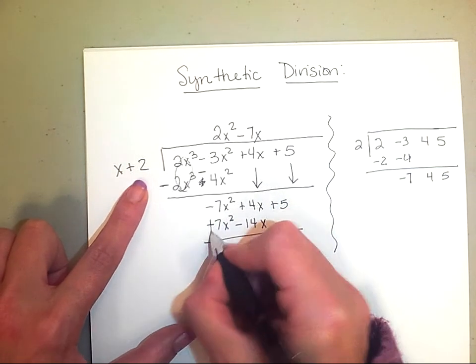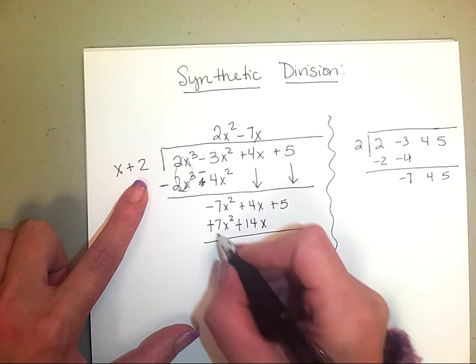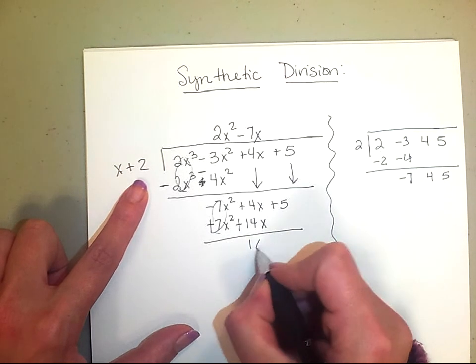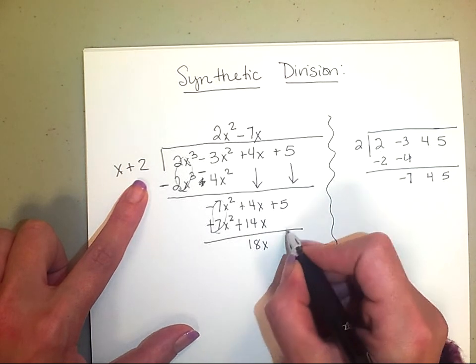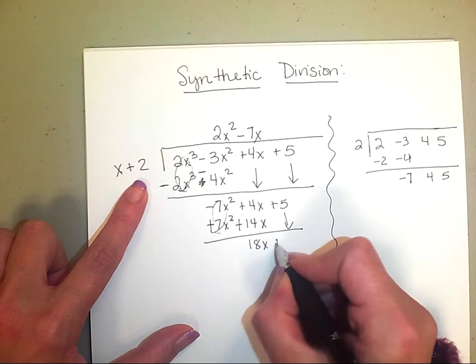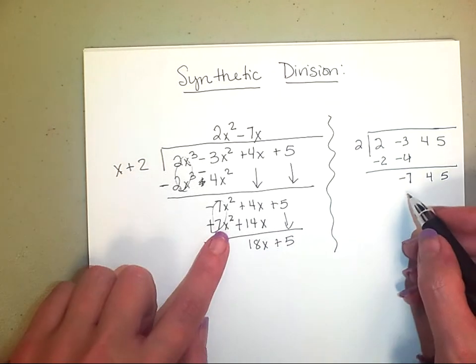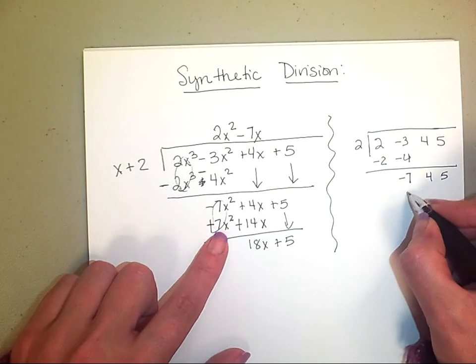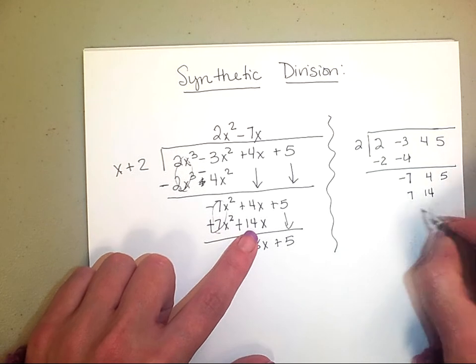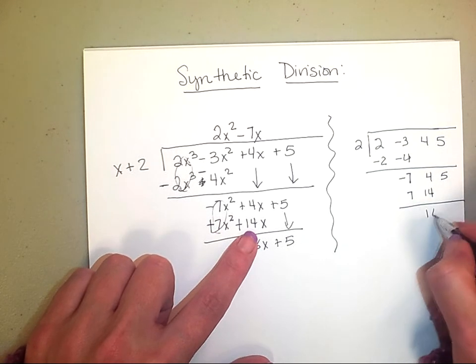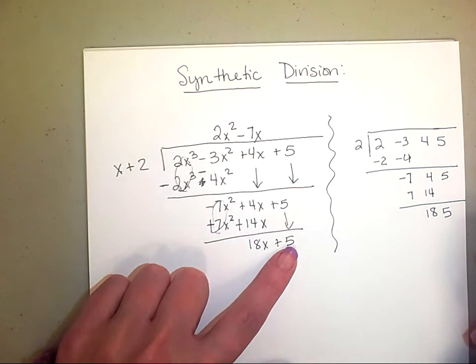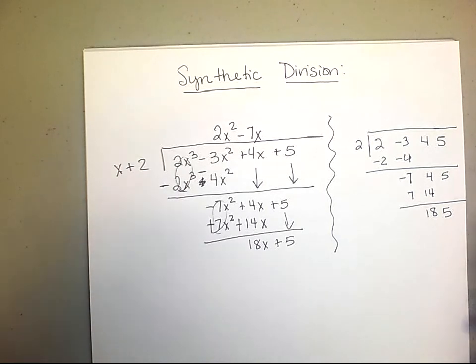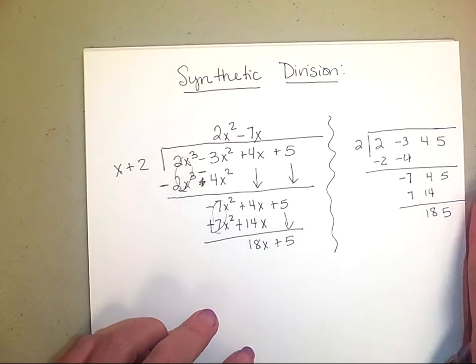But I'm subtracting, so I want to change the signs. So this goes to 0, and this becomes 18x, and then we can bring down the 5, plus 5. So the numbers that changed here is that I put a positive 7, a positive 14. These added to become 18, and now we have 5. Not 185, the 5 is separate.